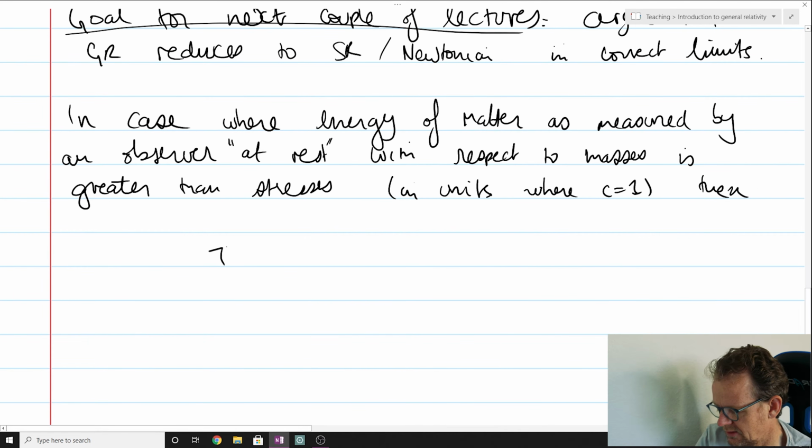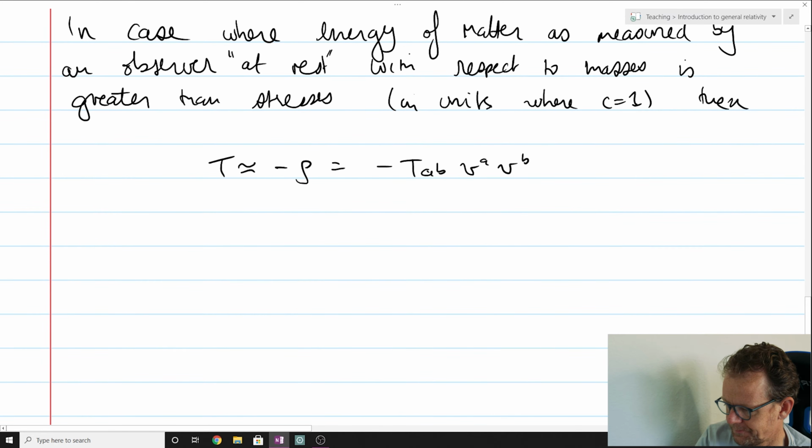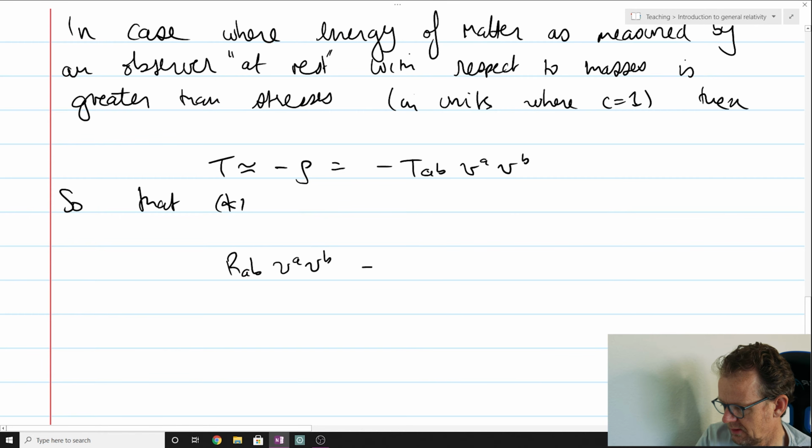Then in that limit, T, the trace of the stress energy tensor, is minus rho, which is also minus T_AB times V^A V^B. And we can substitute that into our various formulations of Einstein's field equations, and then we obtain the following equation.